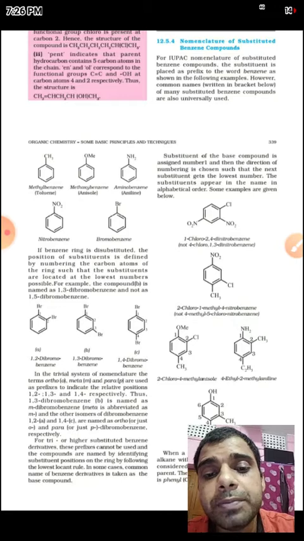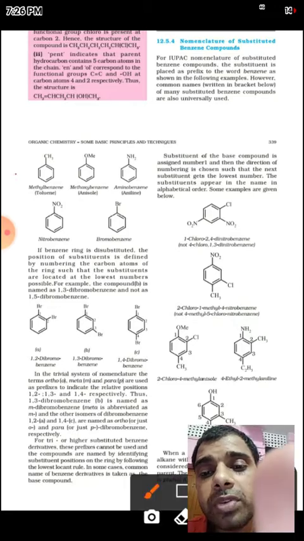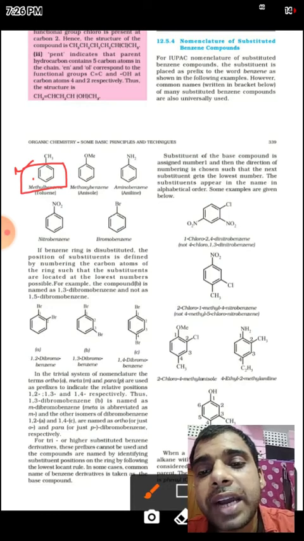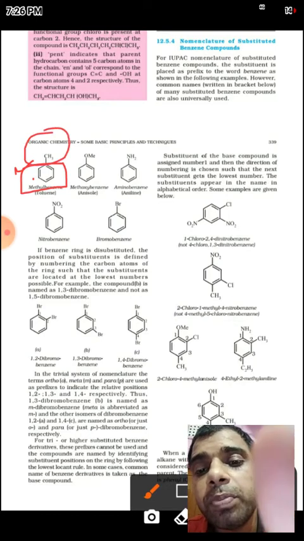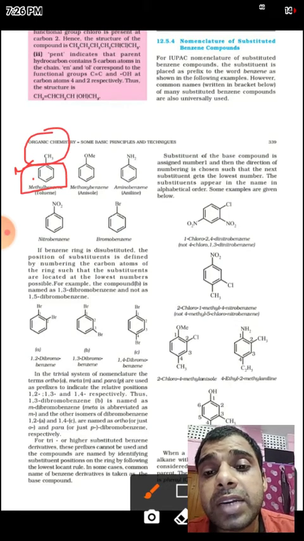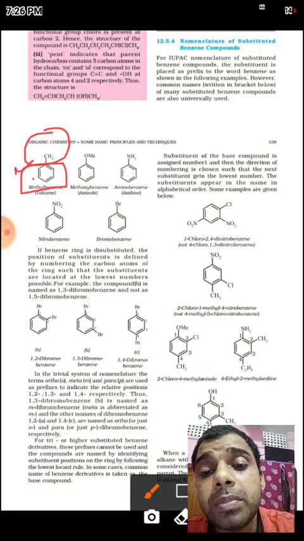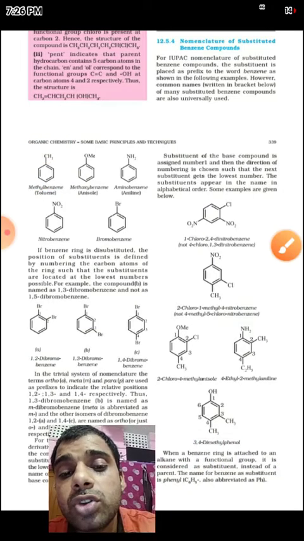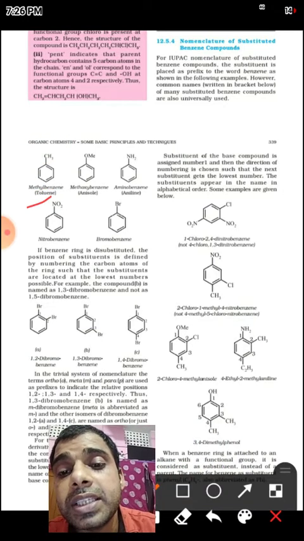Here you can see, first of all, this cyclic part is benzene. After removal of one hydrogen, I have attached one group, that group is CH3, and that is called by a common name, toluene. Here it is given toluene.